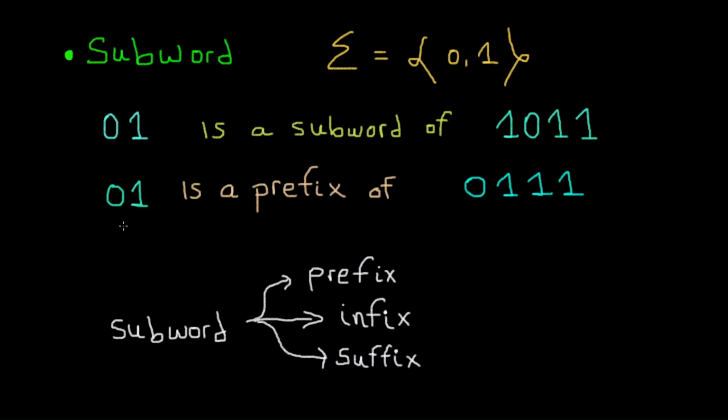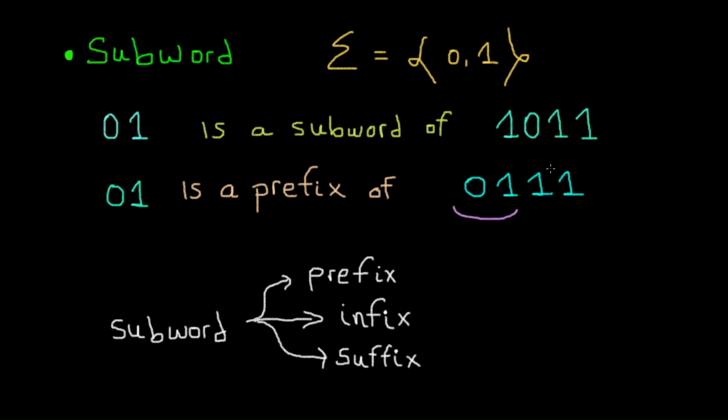For instance, the word 01 is a subword that is a prefix of the word 0111, and we know this because this subword takes place in this word at the beginning of the word.